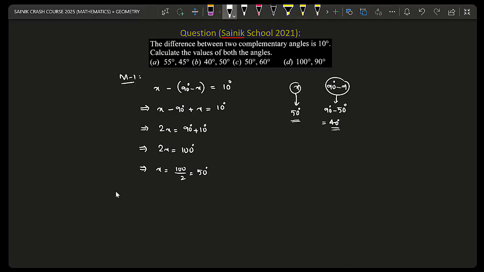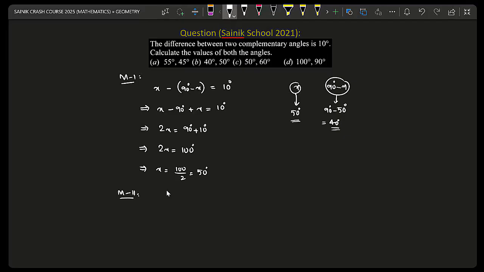Even though you take different ways, you get the same answer. You're calling the smaller angle x, and what is the greater angle? Sir, x plus 90 is not a greater angle, because we want the sum to be 90.